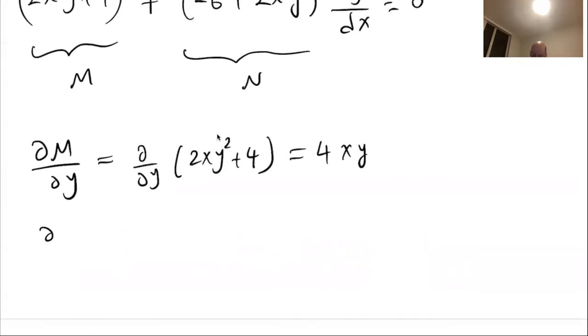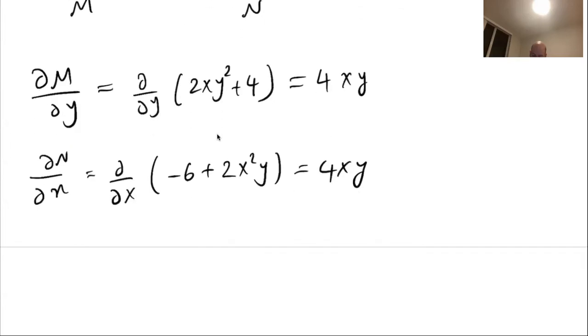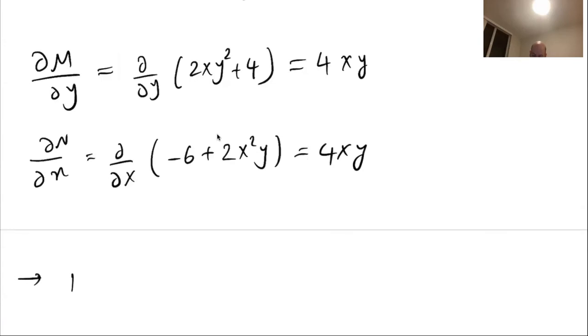So then d/dx of N will be d/dx of minus 6 plus 2x squared y, and this is also 4xy.